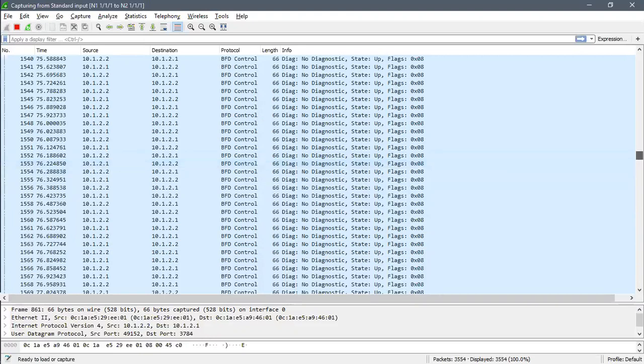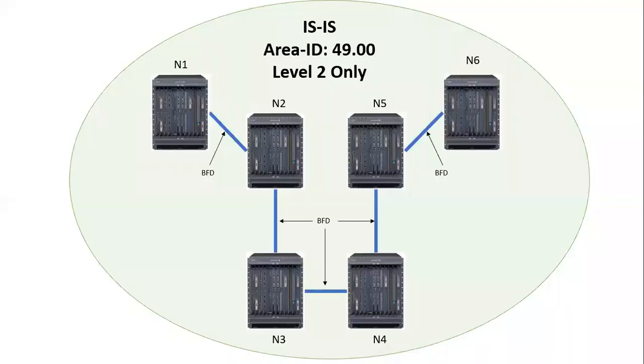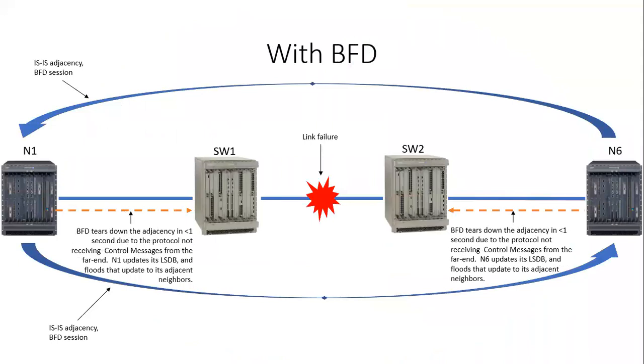All right, I'm back. So we could see just how frequently that BFD sends and receives its control messages. Going back to our PowerPoint presentation, that allows it to detect link failures and tear down that adjacency.